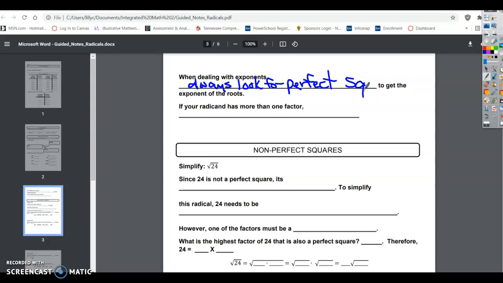If your radical, or if your radicand has more than one factor, simplify each factor or term. Sorry, I don't do a very good job writing on my computer here.